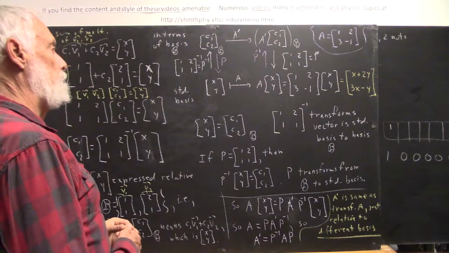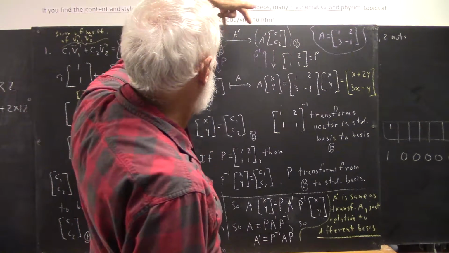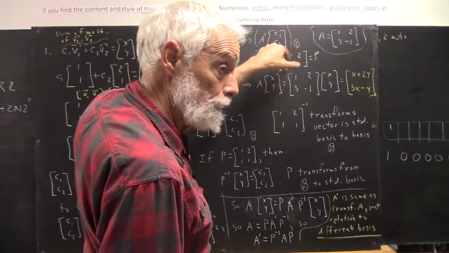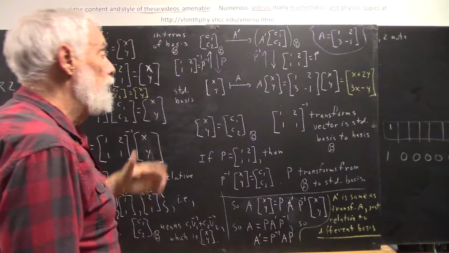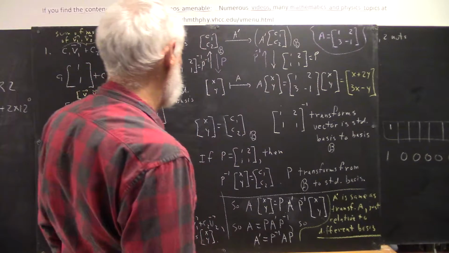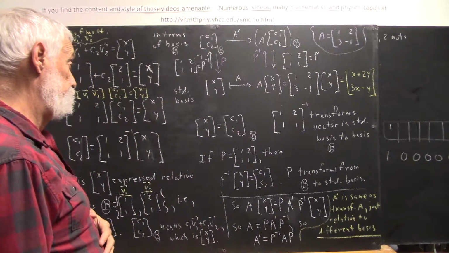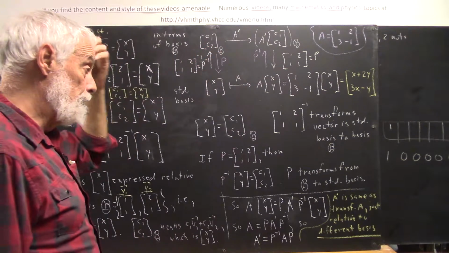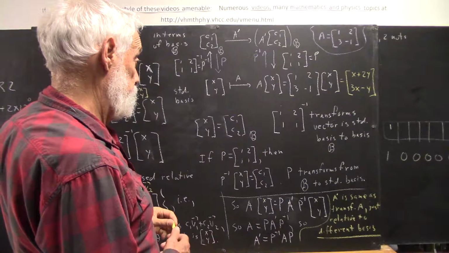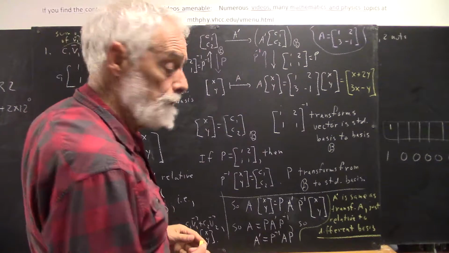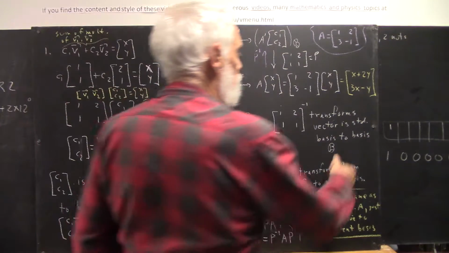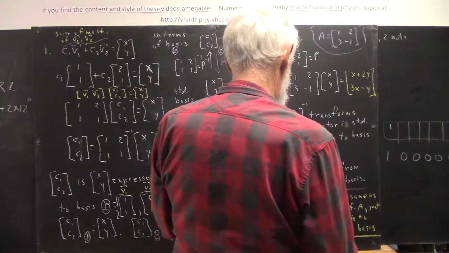So the P matrix takes us from the B basis to the standard basis. There it is, just the columns consisting of the basis vectors. And the P inverse matrix takes us from the standard basis up to the B basis. Okay, make sure you see that whole idea. I can see a carelessly written word here. I want to fix that.